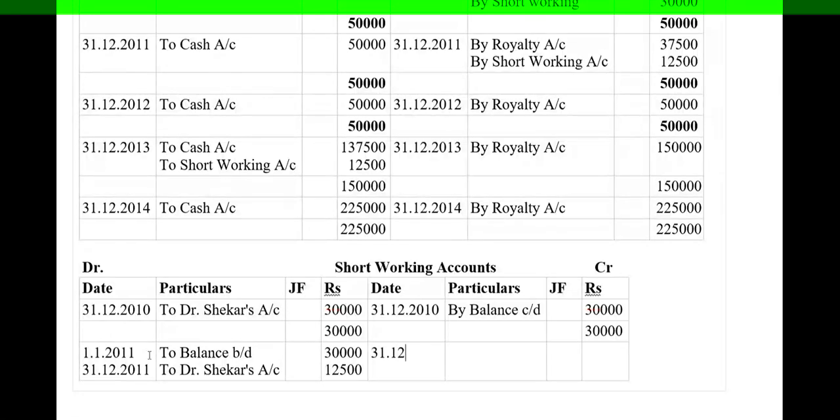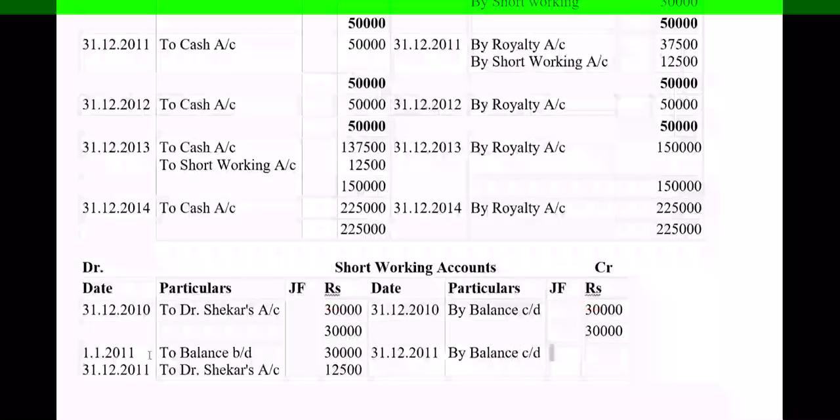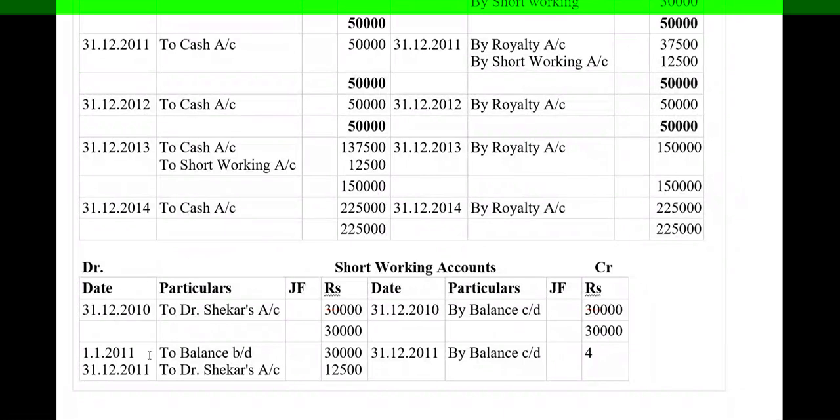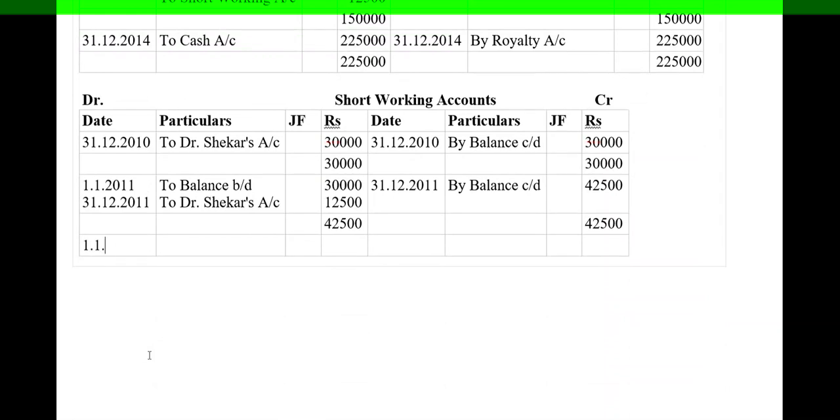So on 31st 12 2011, by balance carry down, so total will be 42,500. So the total here will be 42,500. So on 1/1/2012, here to balance brought down, that comes to 42,500.